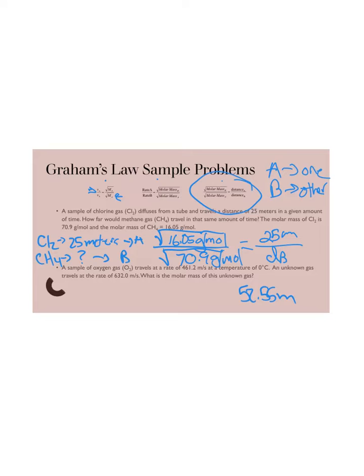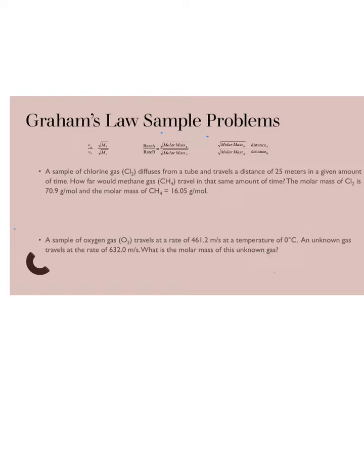We can work on the second problem. Here we can see that we are dealing with rates, so we're going to be using this equation. We have oxygen, so let's call oxygen the A, and we have an unknown gas, so we're going to call that B. So we know that A rate equals 461.2, B rate equals 632.00, and we are looking for B mass, question mark.